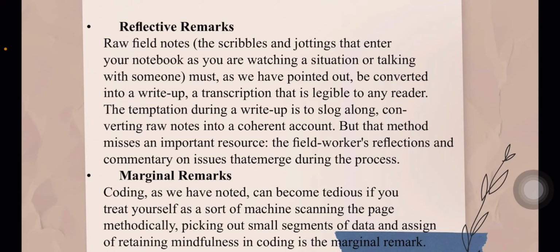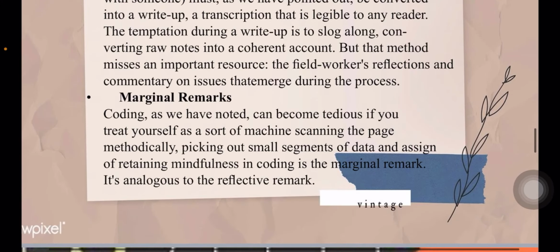The temptation during a write-up is to slog along, converting raw notes into a coherent account, but the method is missing an important resource: the field worker's reflection and commentary on issues that emerge during the process.